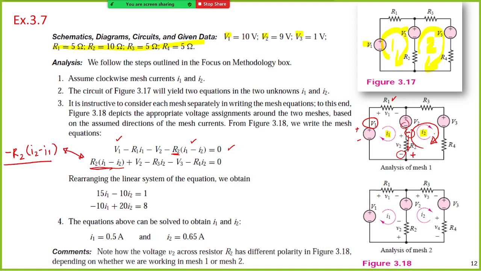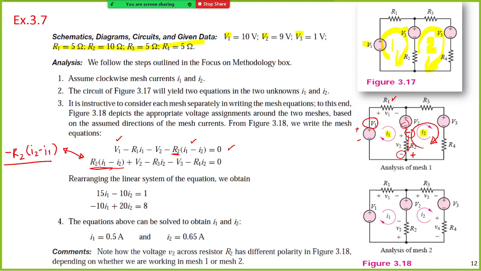You can use this method as well. It depends on you. Maybe you just select one instruction or one pattern. But be careful whichever method you use: you need to keep consistency. Otherwise you will get the wrong sign of the current, and your answer will be wrong.